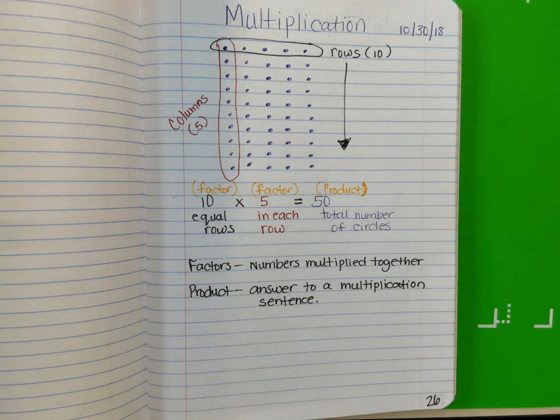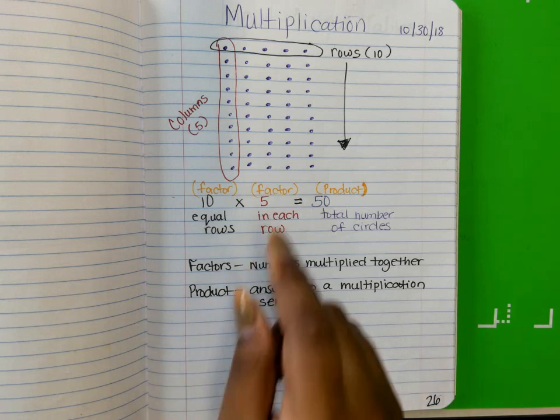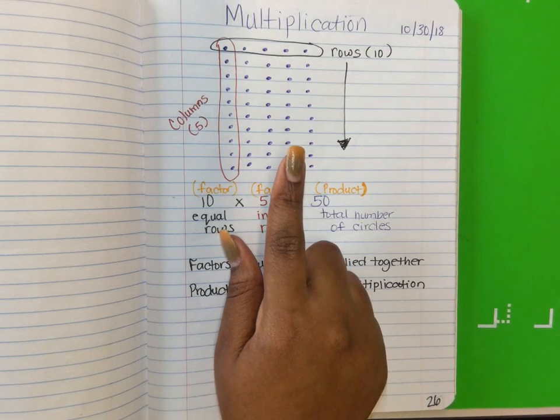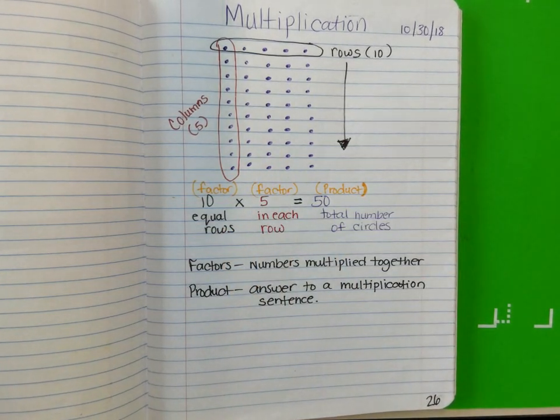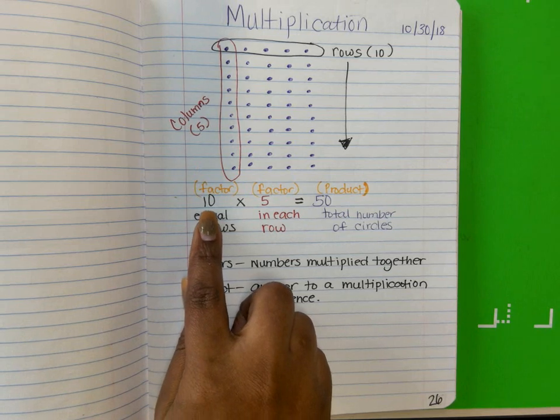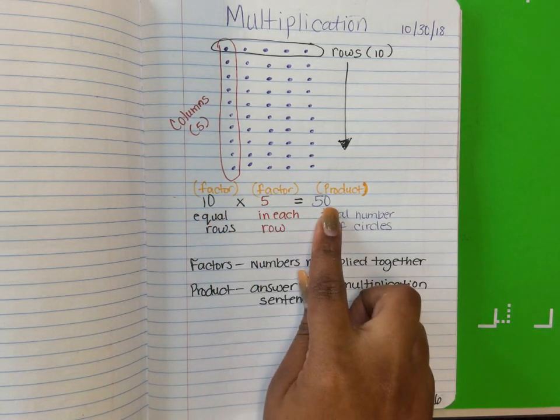So, students, today we talked about arrays specifically, because we wanted to use an array for our representation today. In this case, we created 10 times 5, which equals 50.